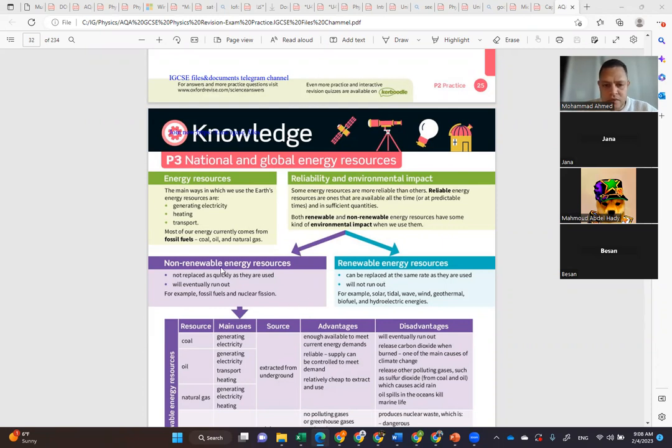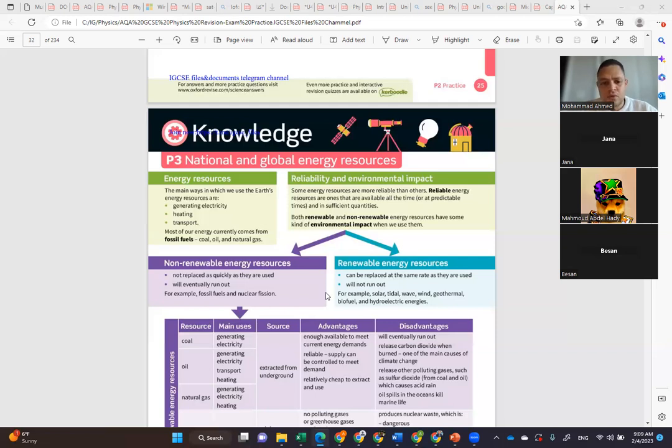Okay, we're gonna start with the renewable energy resources. Renewable energy resources are the resources that can be replaced at the same rate as they are used. So we are using some energy or some light that comes from the sun, and at the same time, the sun every day produces the same amount of energy.